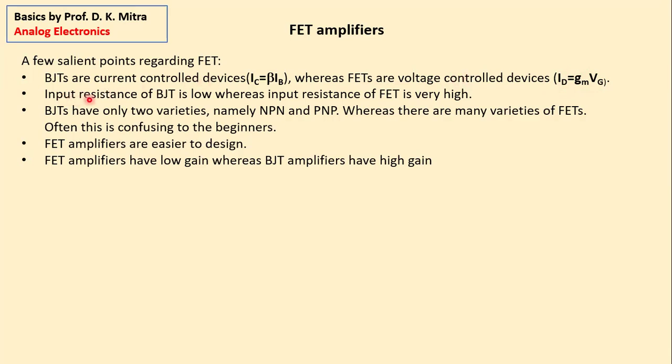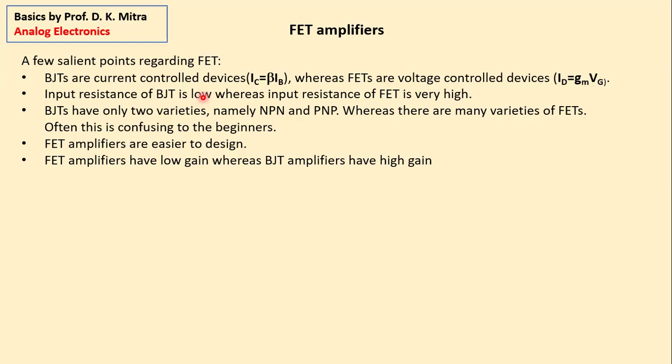Second point, input resistance of a BJT is low because the BJT base-emitter is just like a diode junction. Its inherent resistance is only hie, or a diode resistance, which at 1 milliampere current is about 25 ohm. So altogether, this input resistance is around 50 ohm or even less.